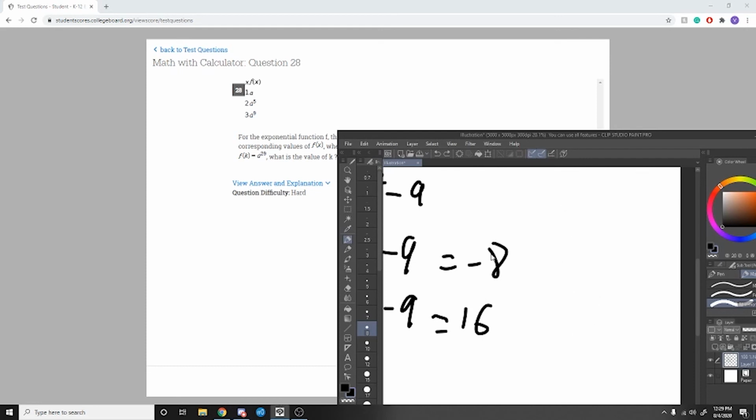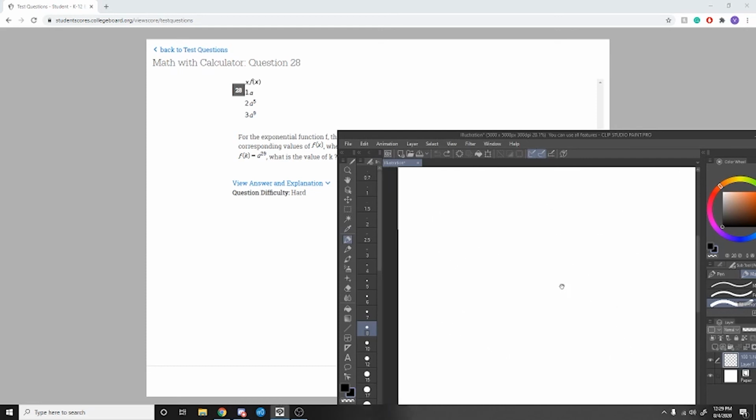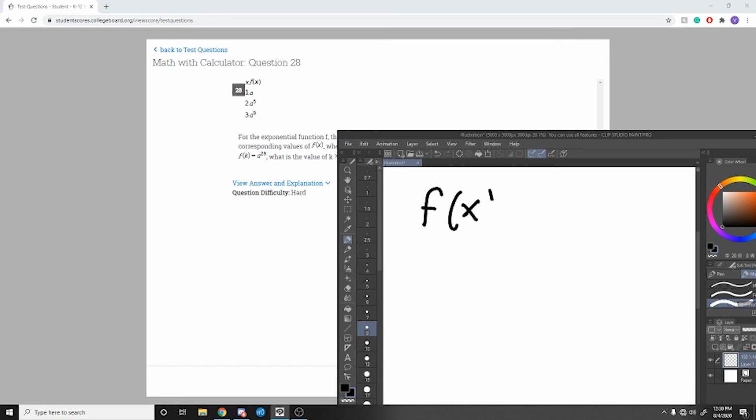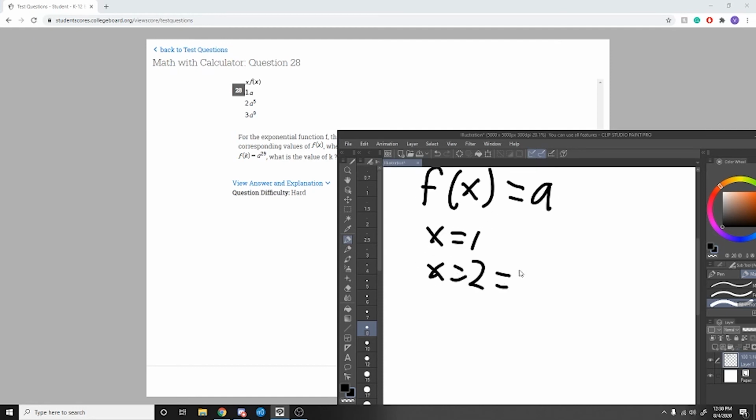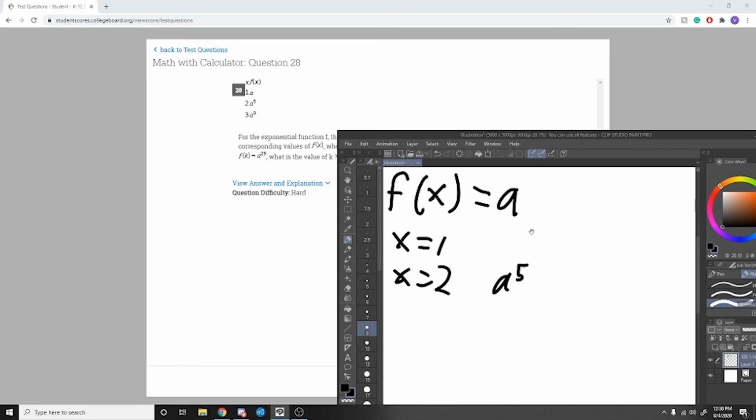Okay, now for this one, we could try to find the equation. If you plug in f of x, no, we need to find f of x, but when x equals 1, it equals a. But if x equals 2, it equals a to the 5th power.